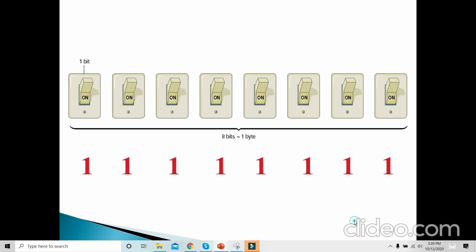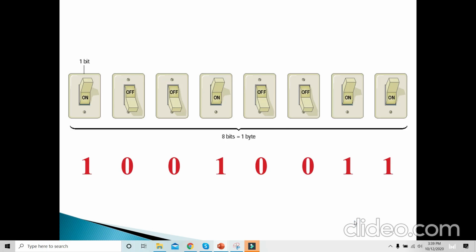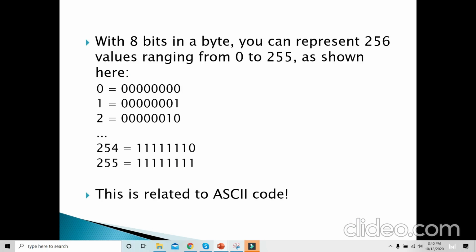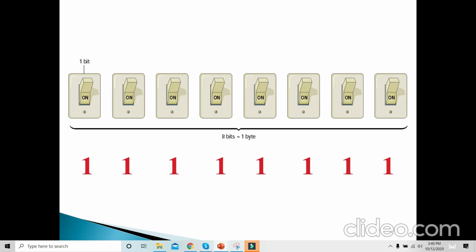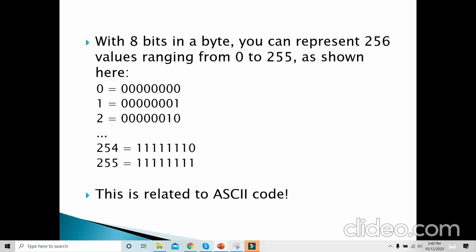If you notice the last one, with 8 bits in a byte, you can represent 256 values ranging from 0 to 255, as shown. So if all of these are turned on, the value in the decimal number system will be 255.